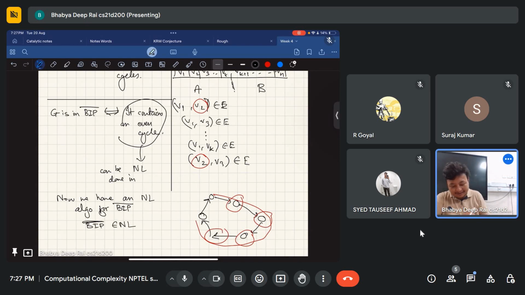That is what we've seen. What does it mean? It means that bipartite is in co-NL by the definition of NL and co-NL. But what does this mean? Bipartite is in co-NL. This means that bipartite is in NL also. Why? Because of the Immerman-Szelepcsényi theorem, which says NL is equal to co-NL.